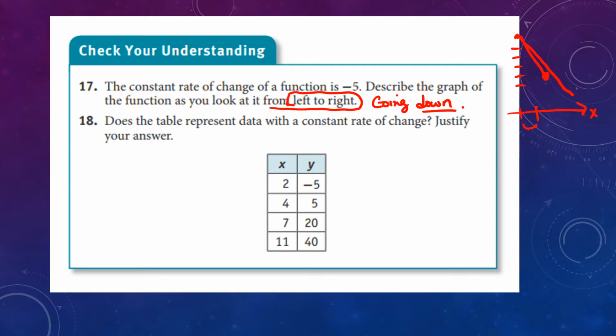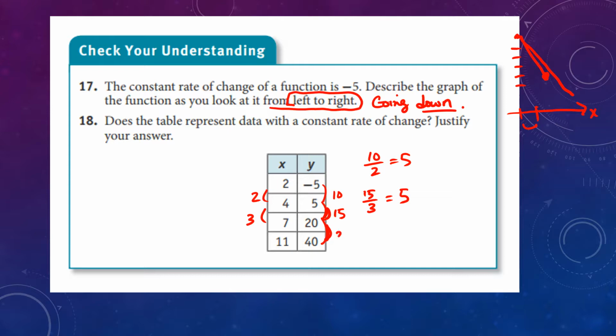Does the table represent data with a constant rate of change? Well, let's see. The change in y, this change is 10, and this change is 2. So we have 10 over 2 for that first one, which is 5. Here it's changing by 15, and this one's changing by 3. So 15 over 3, that would also be 5.